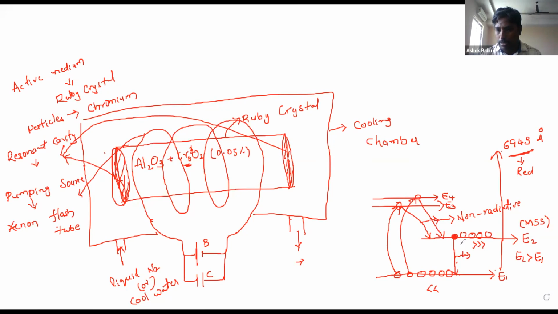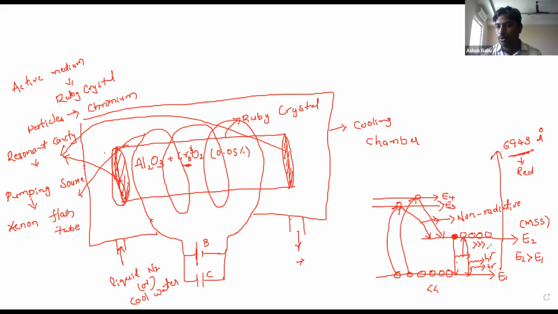So this energy may be supplied to one atom in the metastable state. This photon energy interacts with the atom in the metastable state, and by absorbing it, the atom is de-excited to the ground state energy level. That's why stimulated emission of radiation starts, and two photons are released here, h-nu and h-nu.